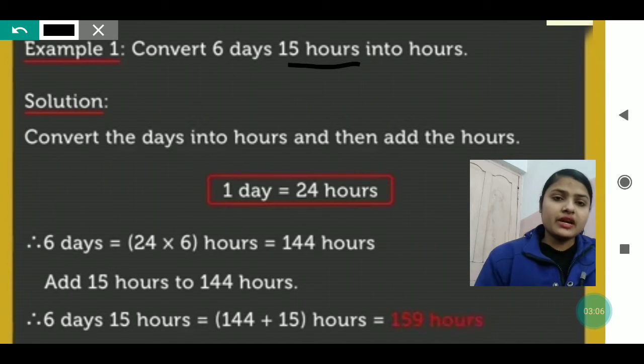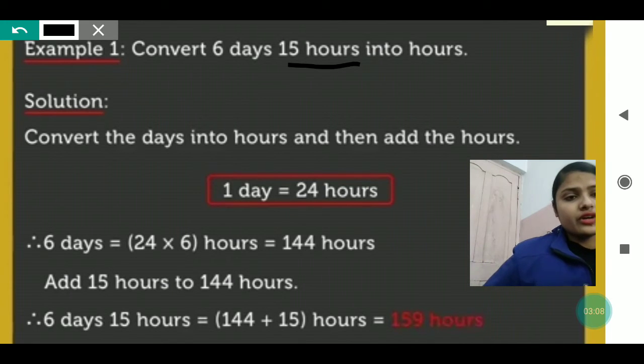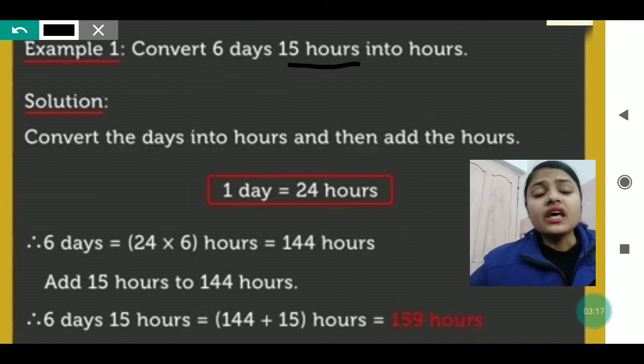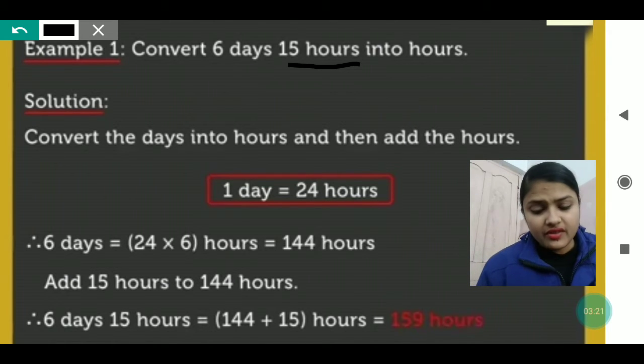We have multiplied the number of days with the number of hours in one day, that is 24. 24 into 6 we have done, then we have got 144. And in that 144 we have added 15, then we have got 159. That 159 is in hours.